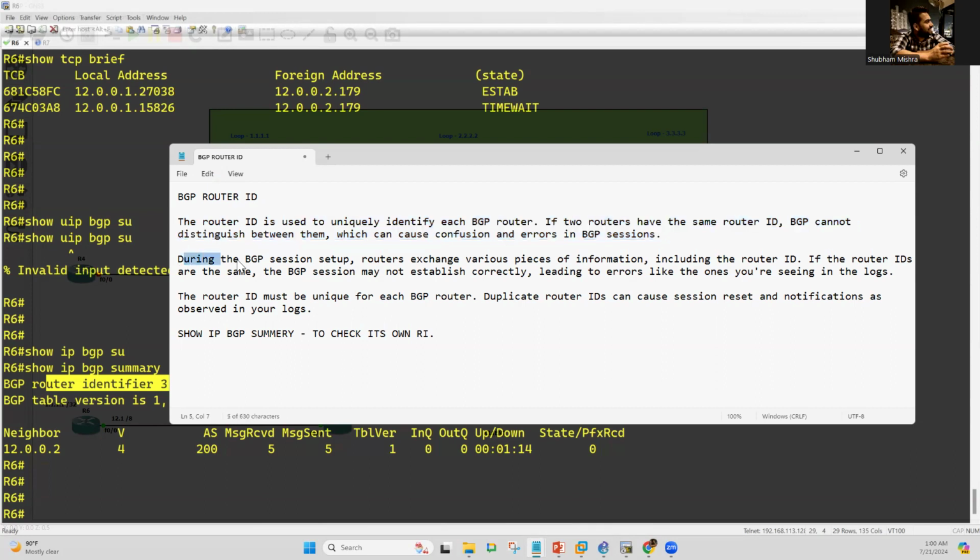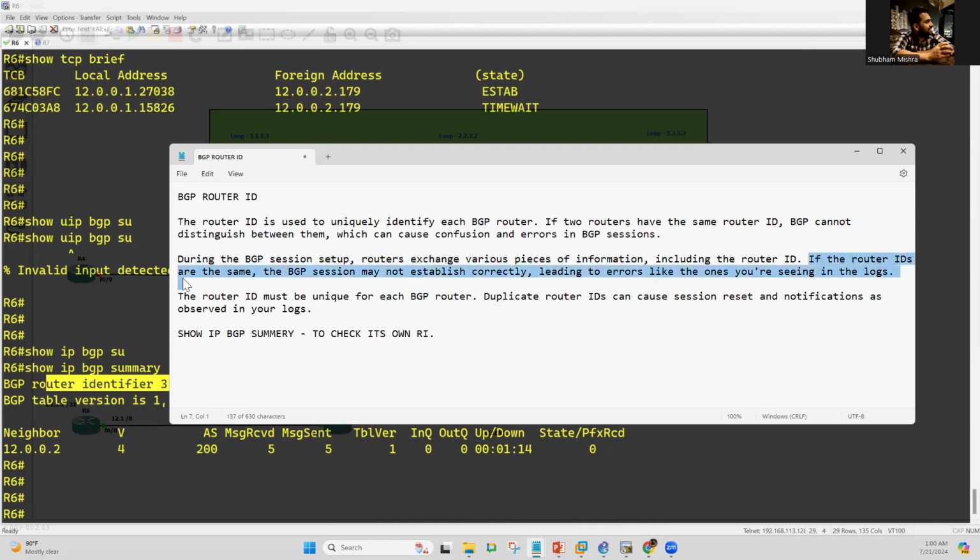So see, during the BGP session setup, routers exchange various things. I already told you, when we configure BGP, routers exchange much information, including the router ID.